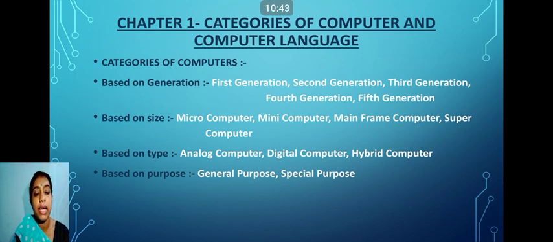The speed of the car is continuously changing, and according to that the reading is shown. That is an analog computer. Clear?